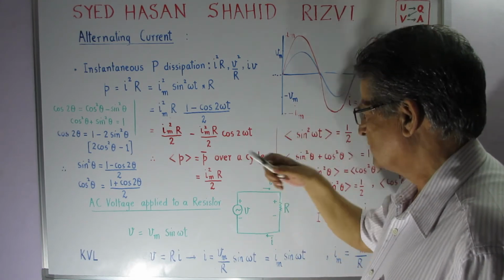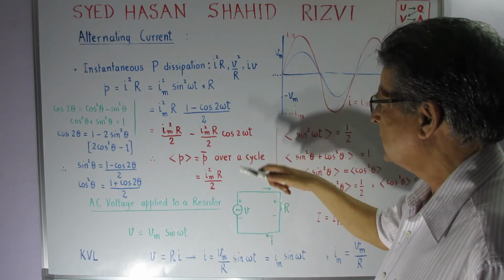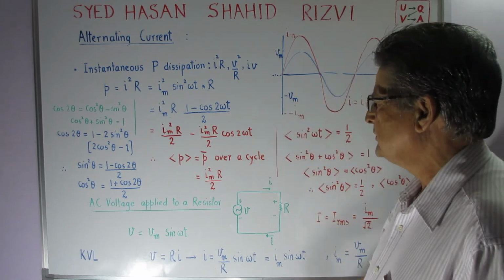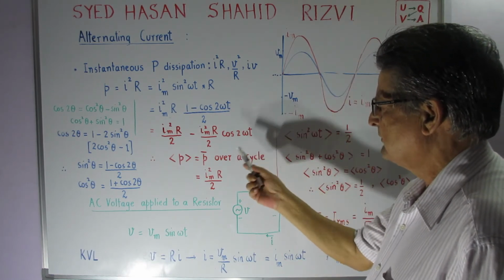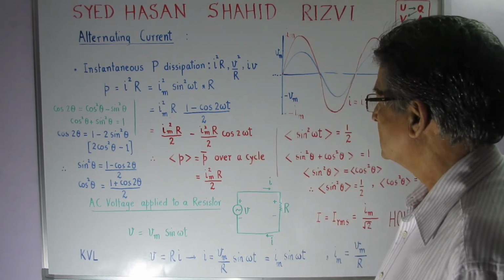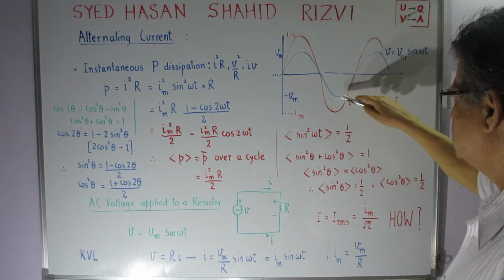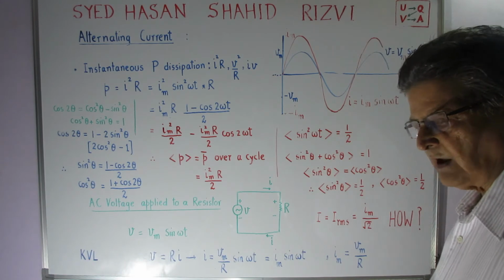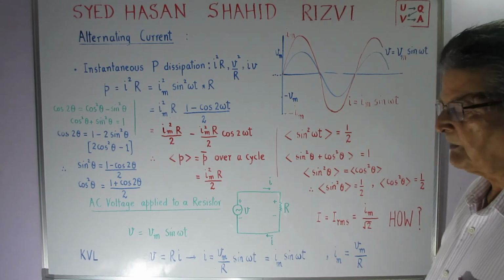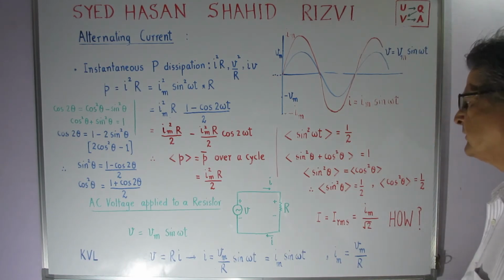Cos of omega t, cos of 2 omega t, cos of 3 omega t, cos of n omega t, where n is an integer, that average value turns out to be 0, because I defined to you the sinusoid as the one in which the average value vanishes. It doesn't matter what the frequency is.